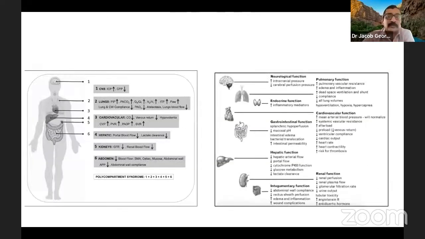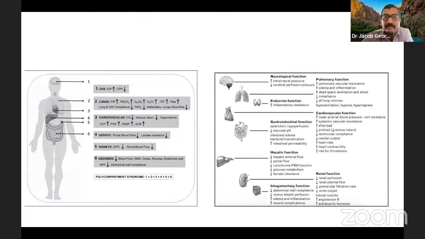This is just a summary of the multi-system effects of abdominal compartment syndrome. In the CNS you have raised ICP and your cerebral perfusion pressure goes down. In the lungs, you have all the pressures going up: your peak inspiratory pressure goes up, your plateau pressure goes up, you have hypoventilation so dead space ventilation goes up, and the lung compliance comes down, which results in basal atelectasis and a reduction in blood flow in the bases.